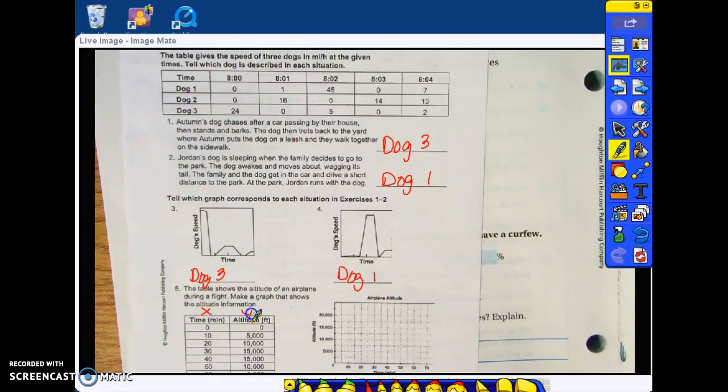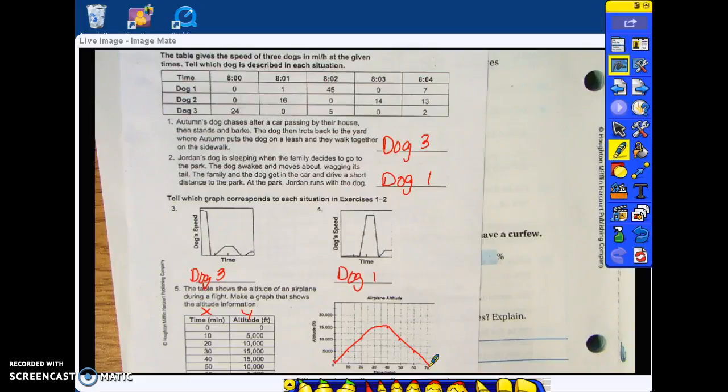This is our X. This is our Y. We've got it at 0, 0. 10, 5,000, 20, 10,000, 30 and 40 are both 15,000, 50 is 10,000, 60 is 5,000, and then the plane lands. So you should have these dots connected to show your graph.